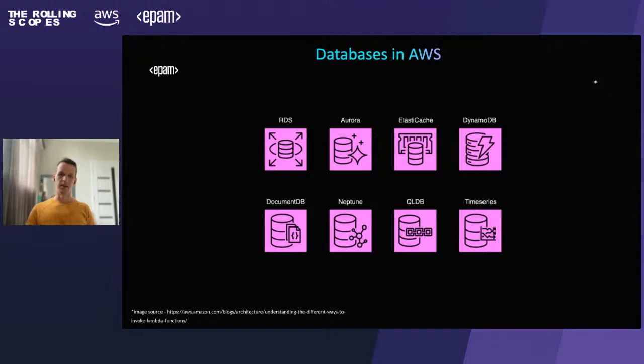The second database is Aurora. Actually, it's also a relational database, built upon the MySQL or PostgreSQL engine. For us, Aurora is already built to store the data across multiple AZs.